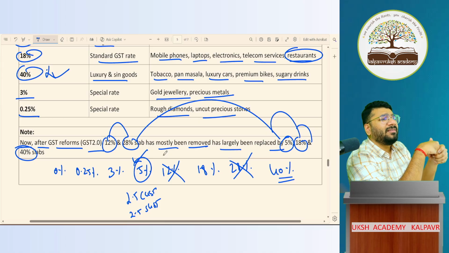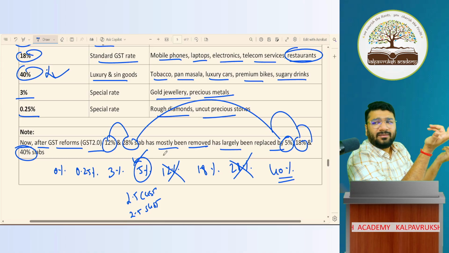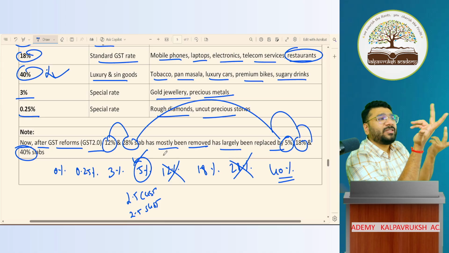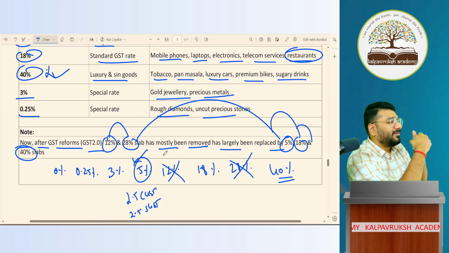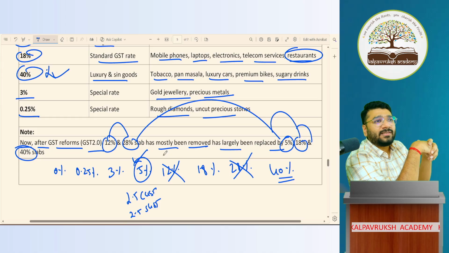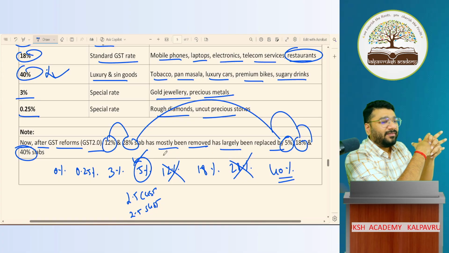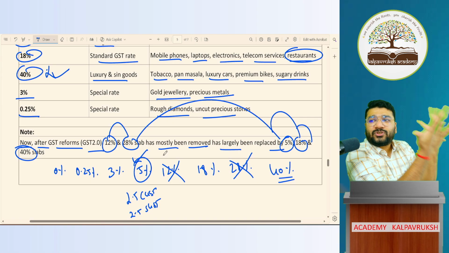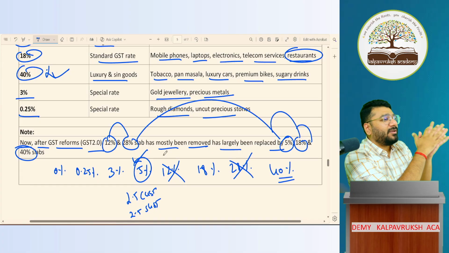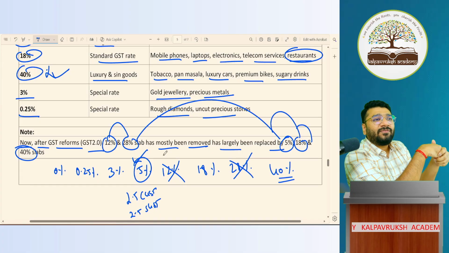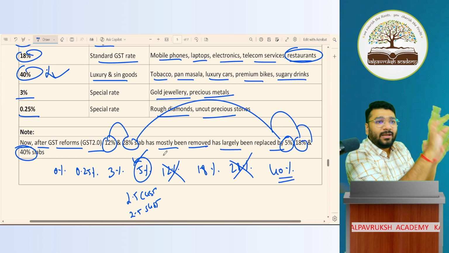Lunch. Well, what lunch? Who eats lunch and all? CA students, who eats lunch and all? What story will you tell your kids? I became a CA by sacrificing lunch and all. You should say that or not? What is your painful story? A success story should be painful, boss. You guys are having a luxury life. Lunch you want to eat, dinner you want to eat, breakfast you want to eat.